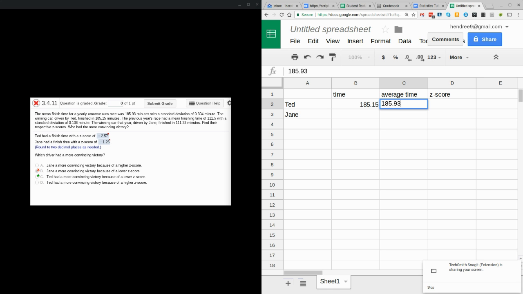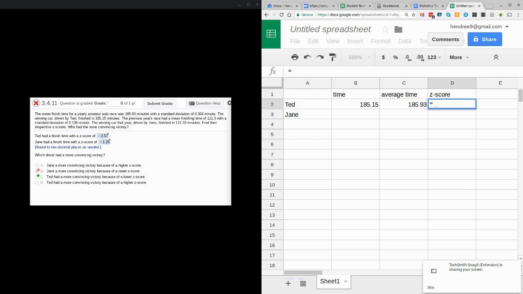And to compute the z-score, all we're going to do is take his time, subtract the average time, and divide by the standard deviation. That will tell us how many standard deviations below the average he was. And remember, it's a race, so below the average is good here.